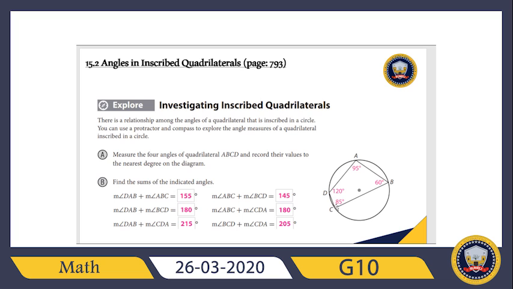Now, look, if I'm adding opposite angles, let's talk about the angles A and C, I get that their total is 180. Now, if I add B and D, their total is 180 degrees. Now, what about the other sums like D and A?